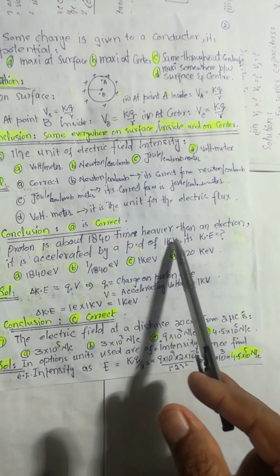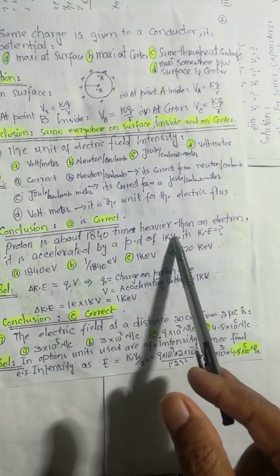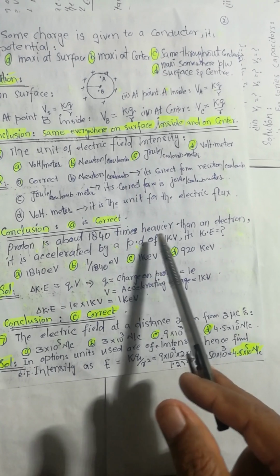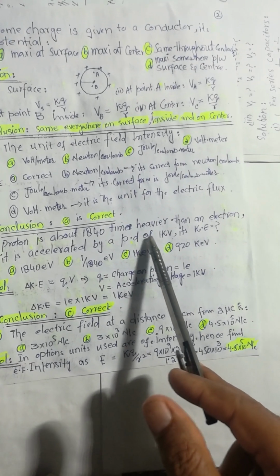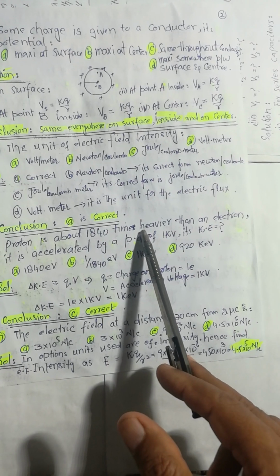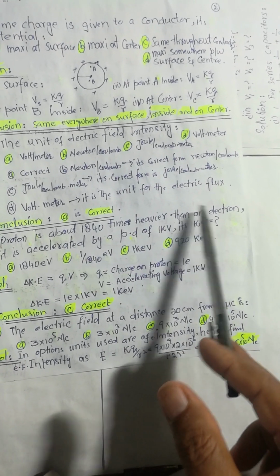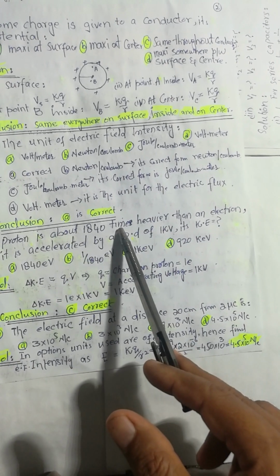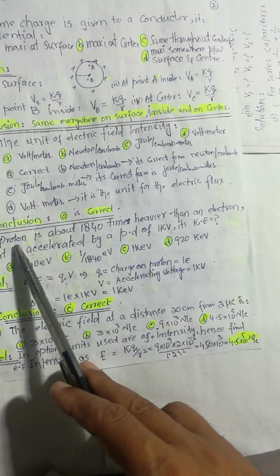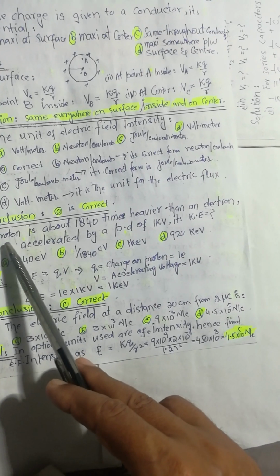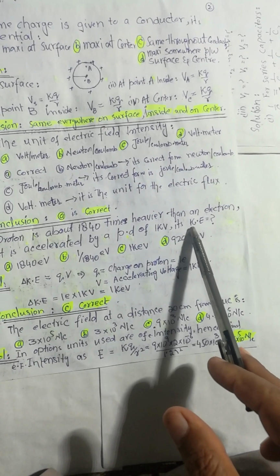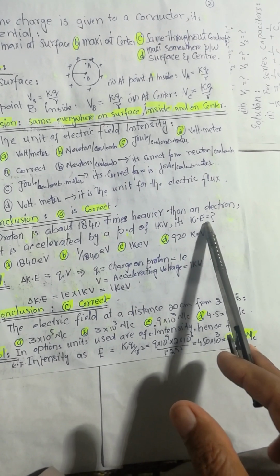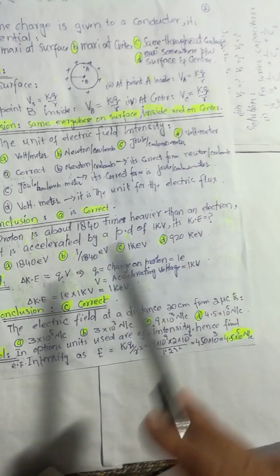The battery has its electrical potential energy, which will be given to the electrons in the conductor. But here, sorry, they are asking about the proton, what will be the kinetic energy of the proton. So four options are given.